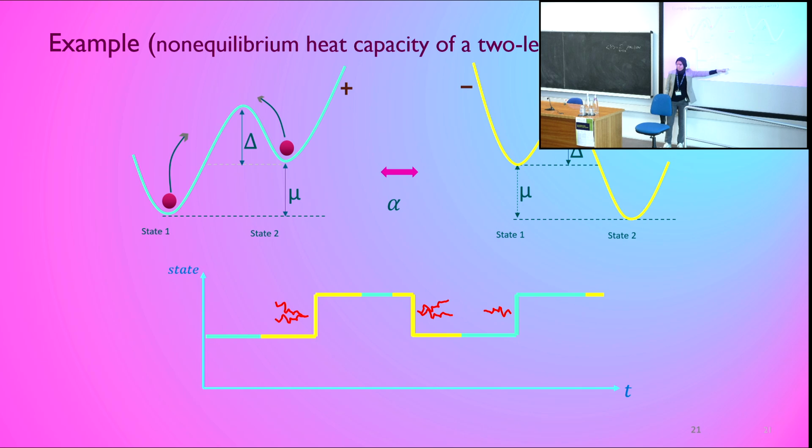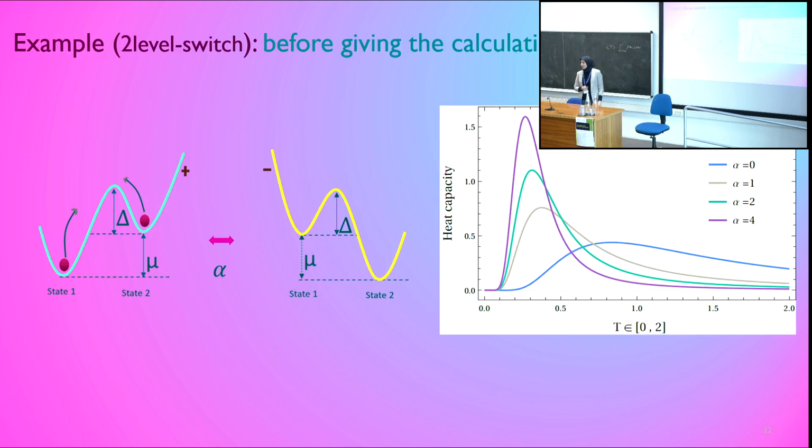But if it jumps from state 2 to state 1, heat is exchanged with the environment. So whenever I'm changing the level of the energy, the heat appears. It's important, in any given system, how you realize the heat, and you can find the heat in your system.